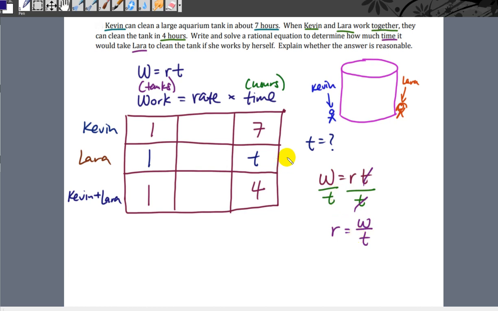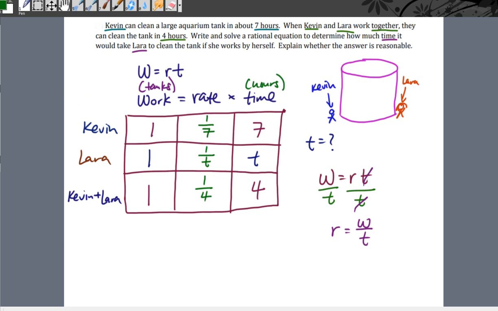So basically, we want to express our rates here. Kevin's rate can be represented by 1 over 7, work divided by time. Lara's rate is 1 divided by t, and if they work together, the rate is 1 divided by 4.